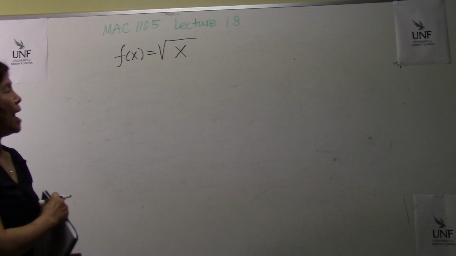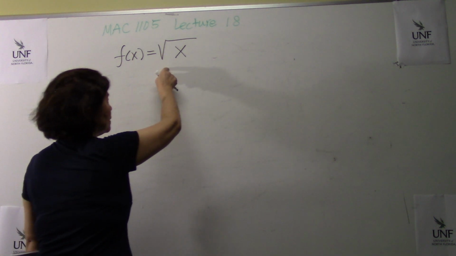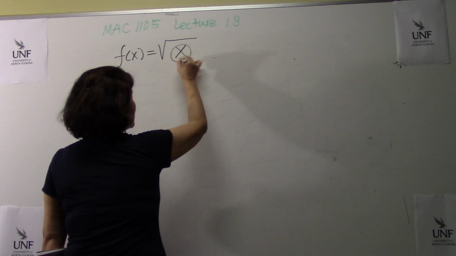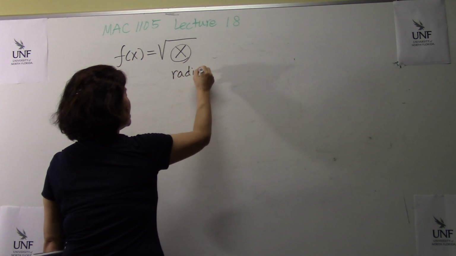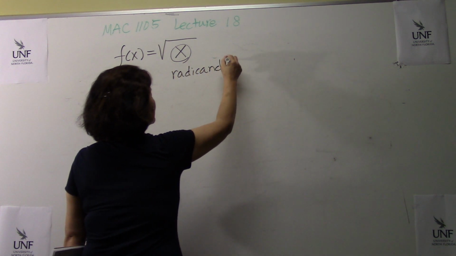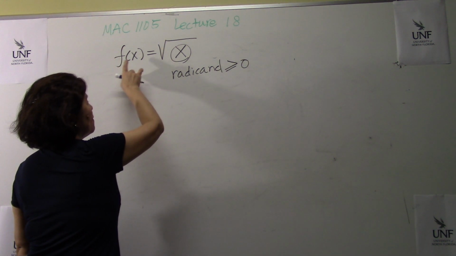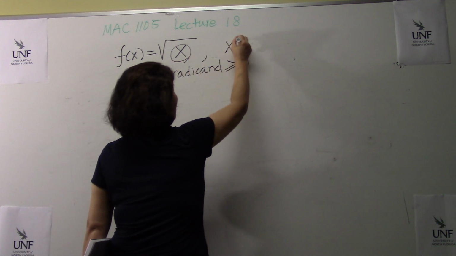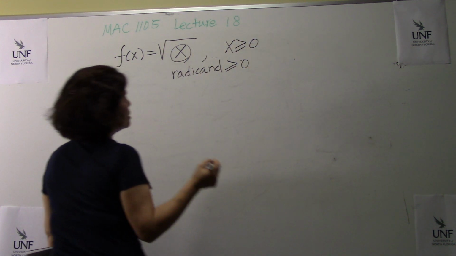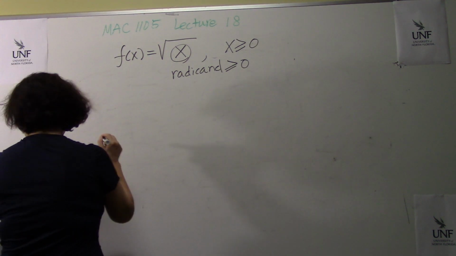You remember, I emphasize pretty much whenever you have a radical, with the expression under the radical, which we call a radicand, this radicand has to be greater than or equal to 0. So when you have f of x equals the square root of x, the domain is automatically this, x is greater than or equal to 0.